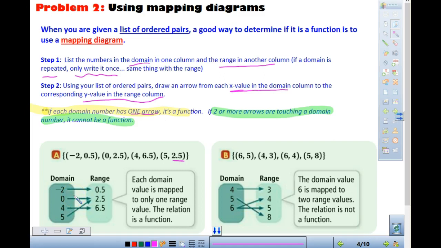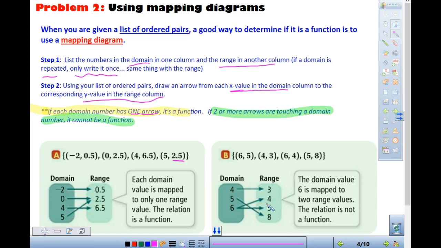Whereas when I look at B, and I listed my numbers, and they put them in numeric order, but you could have gone with the 6 first, and then the 4, and then there's another 6, and the 5. Since there are 2 arrows coming off of that 6, that means if I put in 6, one time I'll get 4, the next time I'm going to get 5.